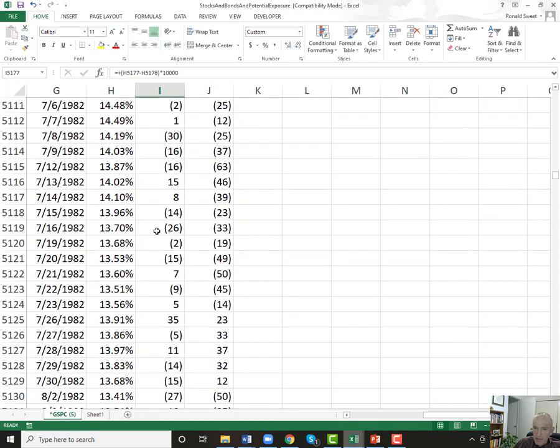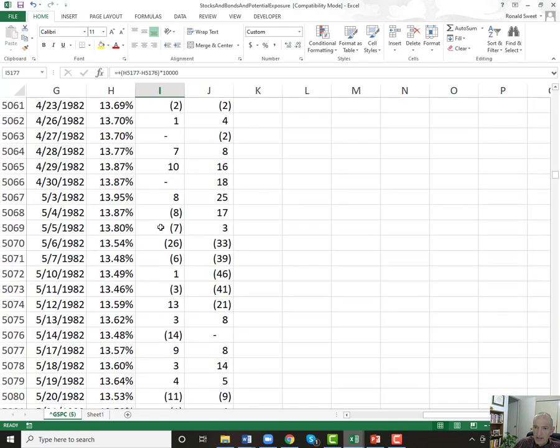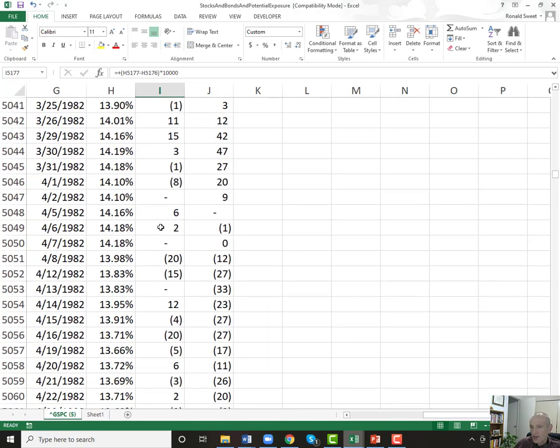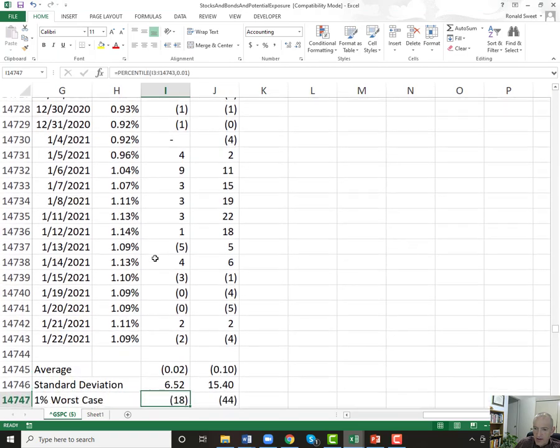So remember, there's a couple ways I could have stated this. I stated it as change in basis points. I could have stated it as the percentage change in the yield, because obviously 20 basis points with interest rates of 14% is not the same as 20 basis points with interest rates of 1%. But anyway, I'm doing it in basis points.